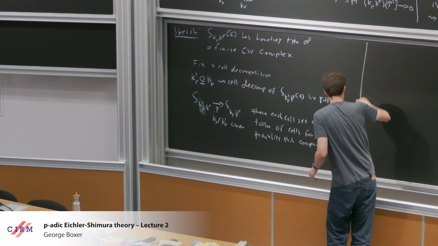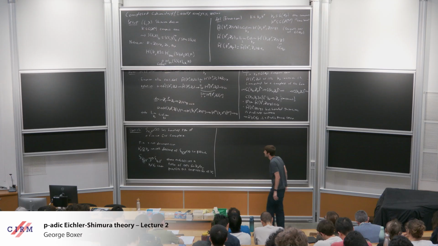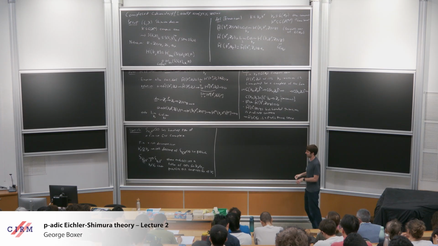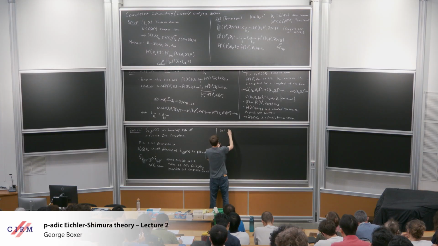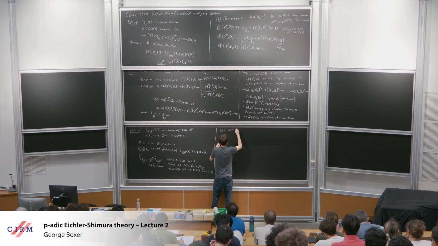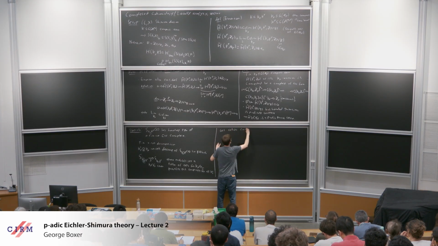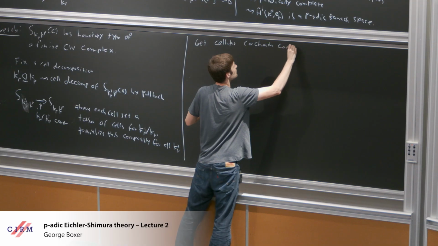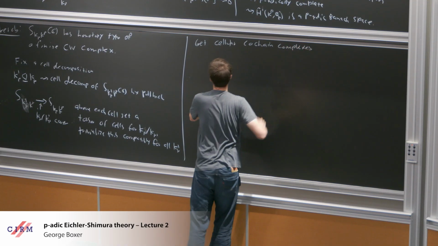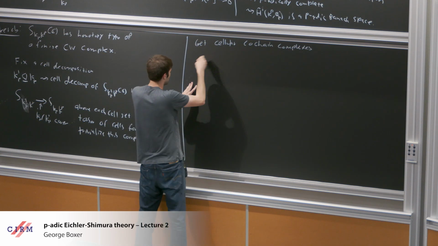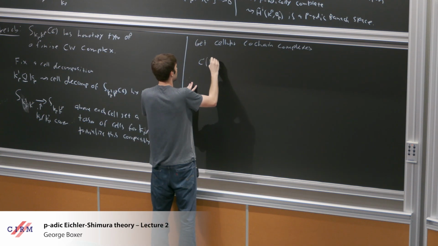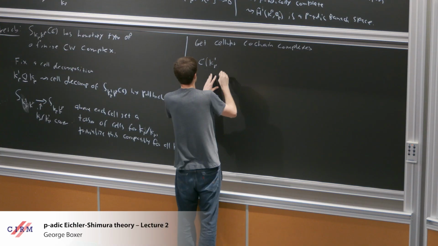And so now we get some cellular cochain complexes, and what do they look like? Let me write this as C^•(K_p', Z/p^s Z).